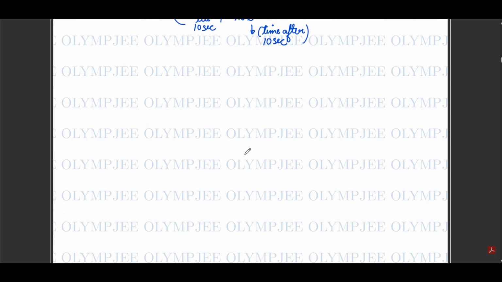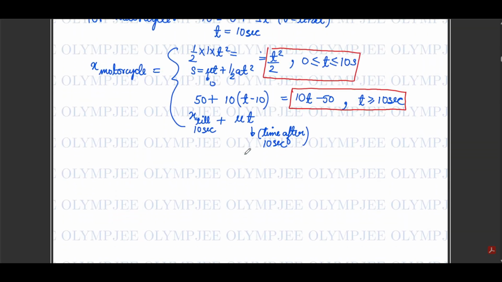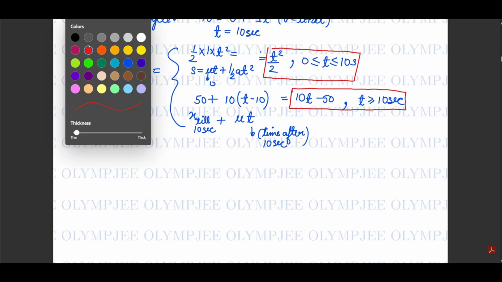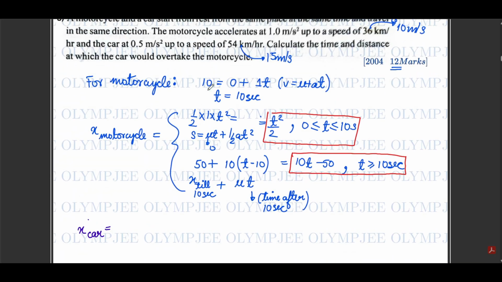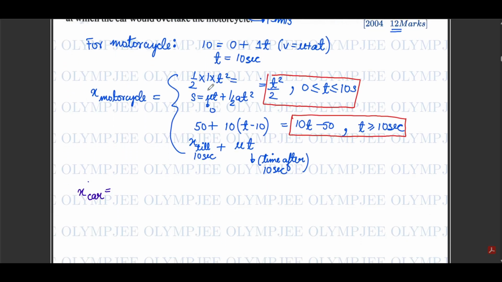We do a similar thing for the car. So for car we know that it travels up to 15 meters per second at acceleration half. So it will be v is equal to u plus half t, which gives t is equal to 30 seconds.